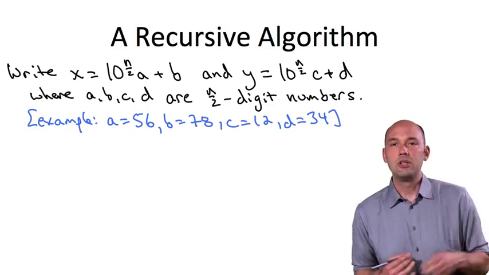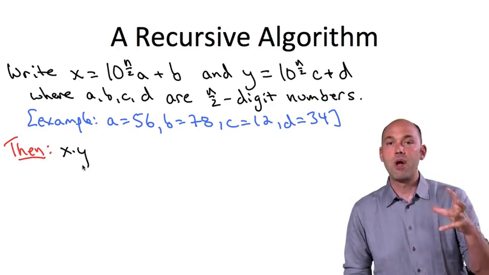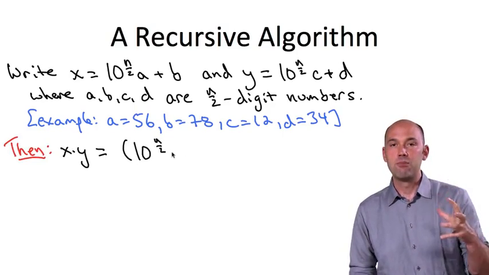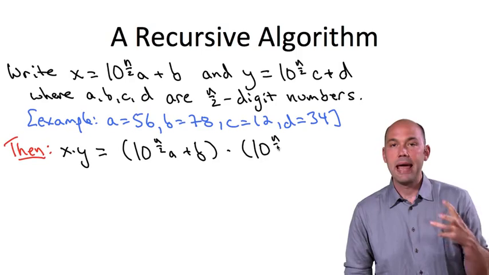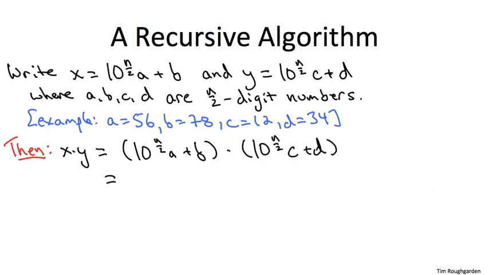What I want to do next is illuminate the relevant recursive calls. To do that, let's look at the product x times y, express it in terms of these smaller numbers a, b, c, and d, and do an elementary computation. Multiplying the expanded versions of x and y, we get an expression with three terms. One is shifted by 10 raised to the power n, and the coefficient there is a times c.